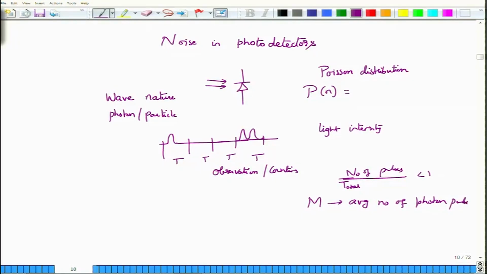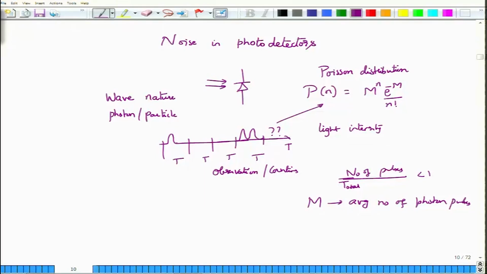When you know the average value, the probability that a given interval t contains n photons is given by m to the power n, e to the power minus m, divided by n factorial.